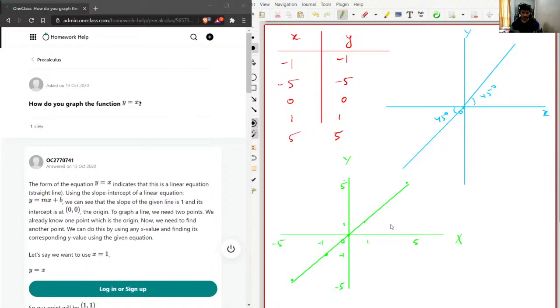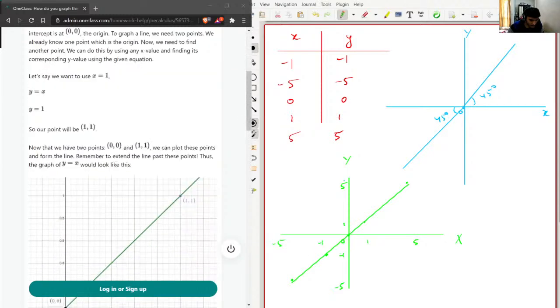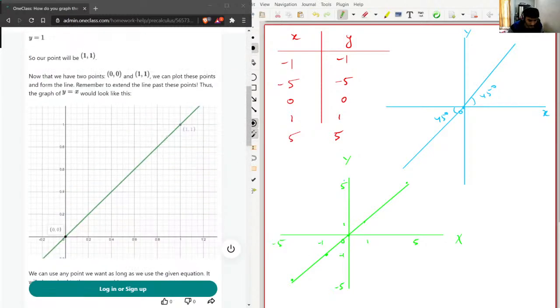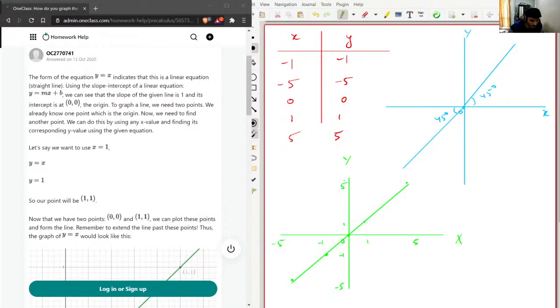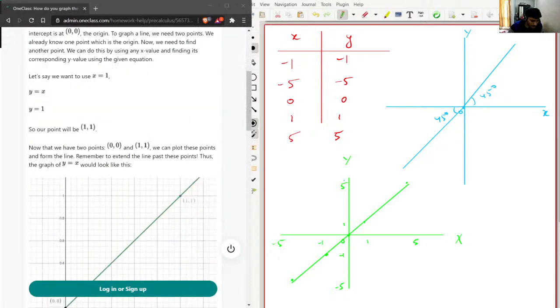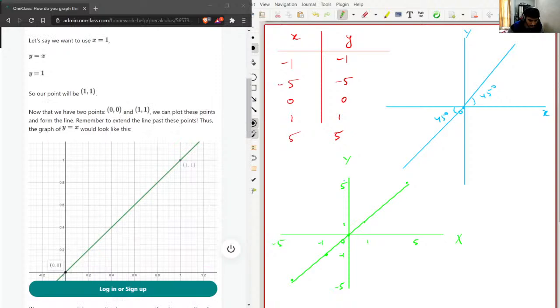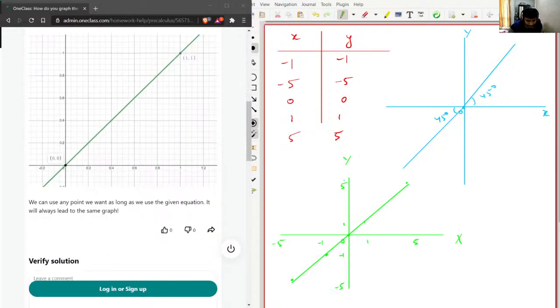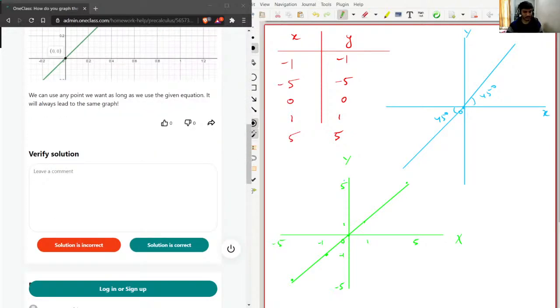Yeah, there is some kind of error, but again we are getting the same exact graph. So these are two of the methods from which we can draw a straight line. I'll just check here. They have followed the first method, and a point will be 1 comma 1, and yeah, that is all for this question.